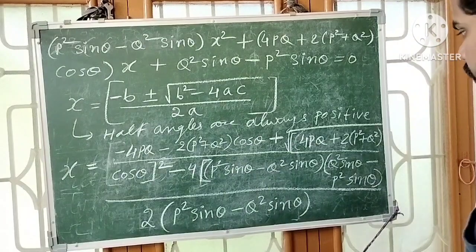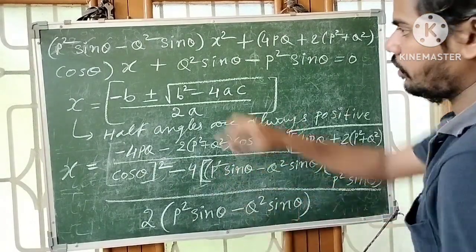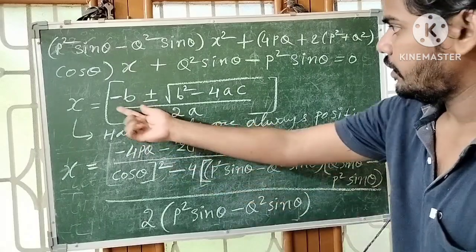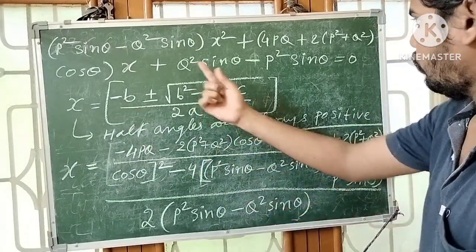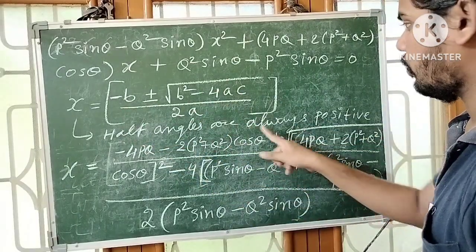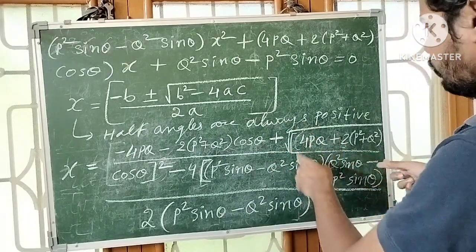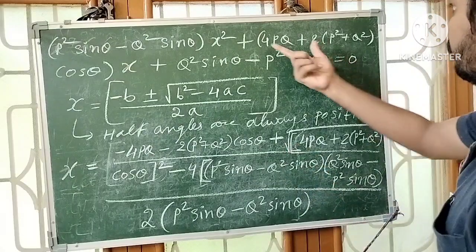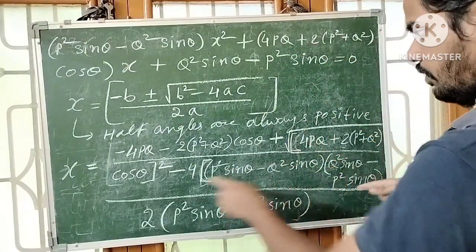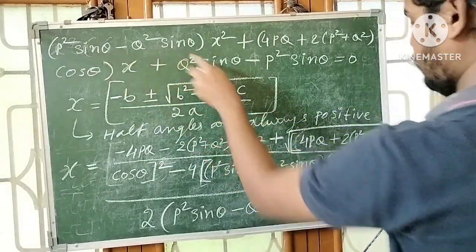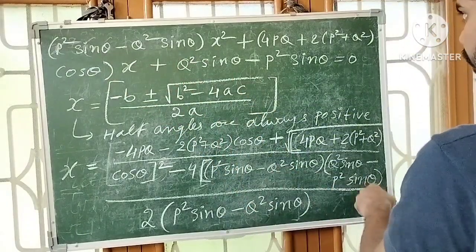Okay. So we have to substitute all the values b, a, c. This is minus b, and the root, plus, we consider only the positive sign because half angles are positive, plus root over b square. So b square means this expression whole square, minus 4 into the a value and into the c value, 4ac.